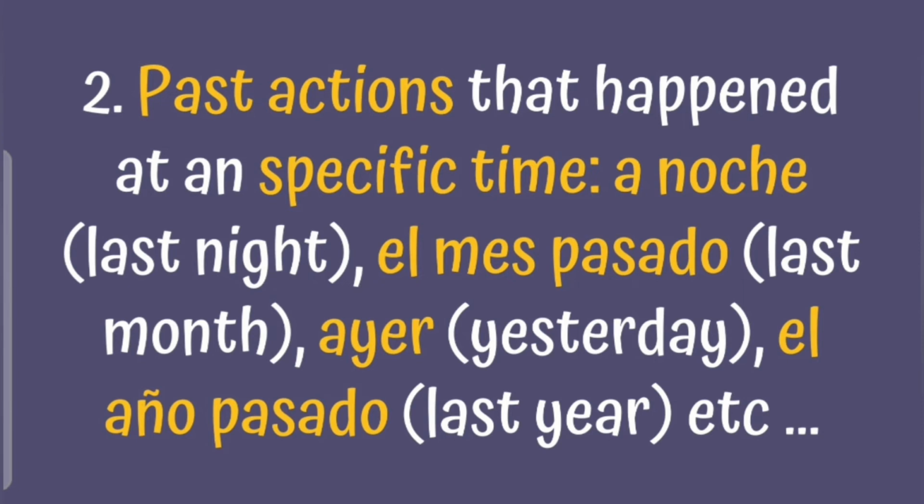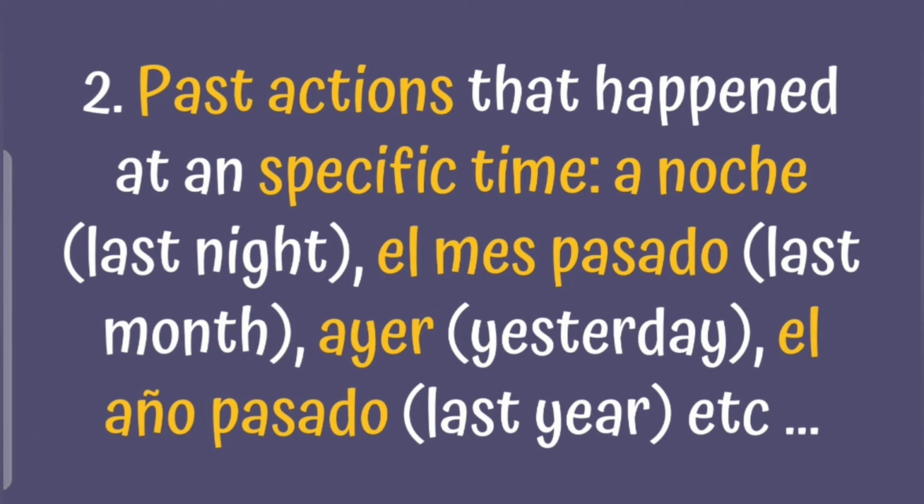Phrases such as last night, anoche; last month, el mes pasado; yesterday, ayer; last year, el año pasado. If you have these types of phrases, that means you have to use the pretérito indefinido in Spanish.